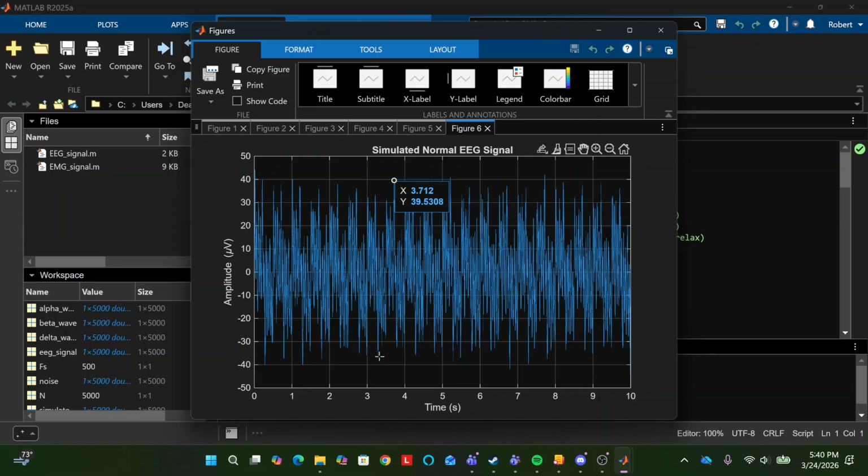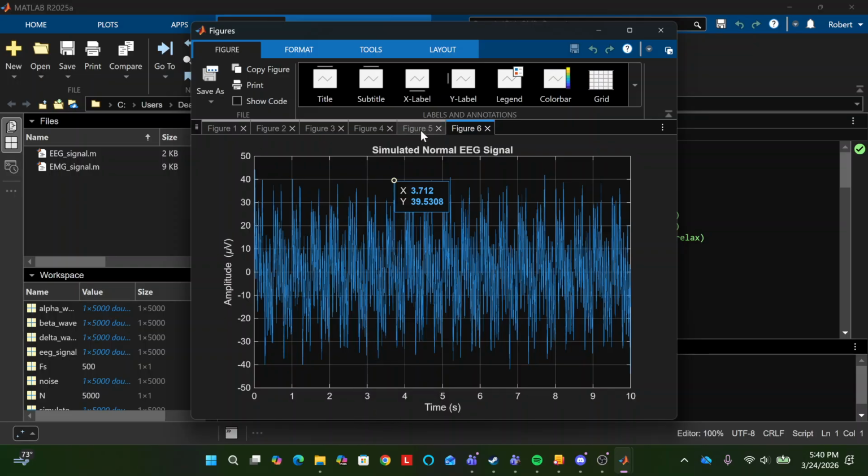And then if we go down below, let's say we're right here, it's 3.29, so about three seconds, 3.29 seconds, and then we have a negative amplitude, negative 37.